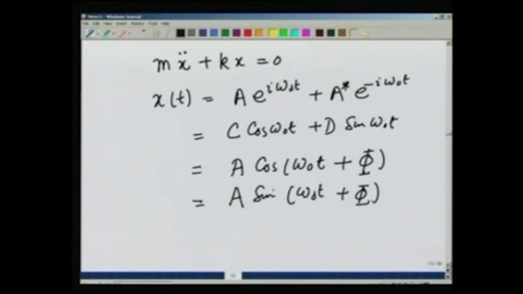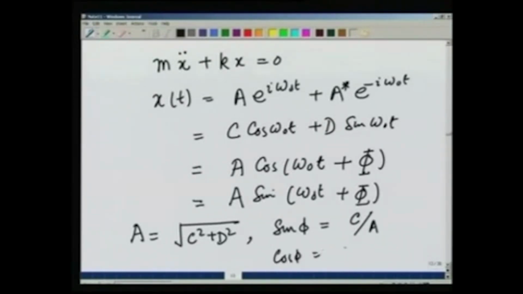It's our choice how we want to represent the solution, where A is going to be, in this case, square root of C square plus D square. Depending on whether I write it as cosine omega 0 t plus phi or sine omega 0 t plus phi, the sine of phi is going to be C over A, and cosine of phi equals D over A in the case when I write this as sine of omega 0 t plus phi.